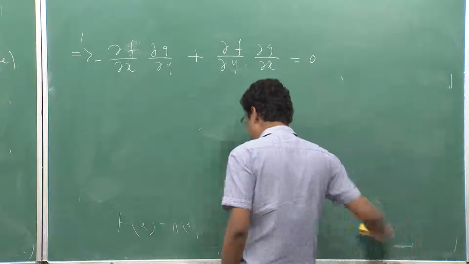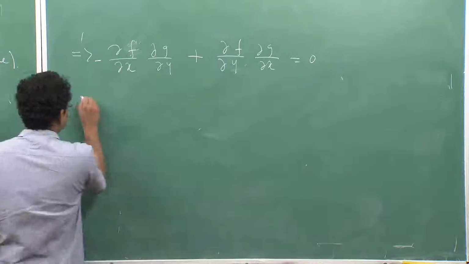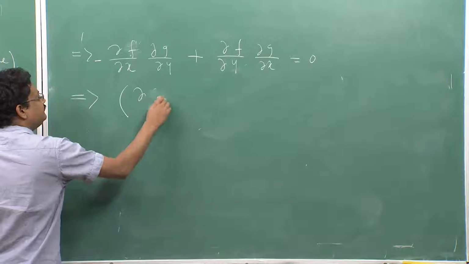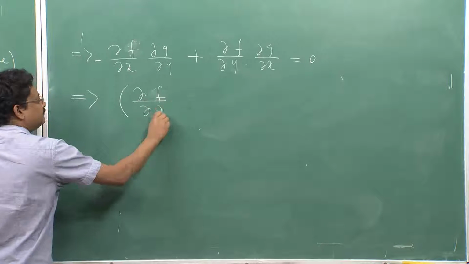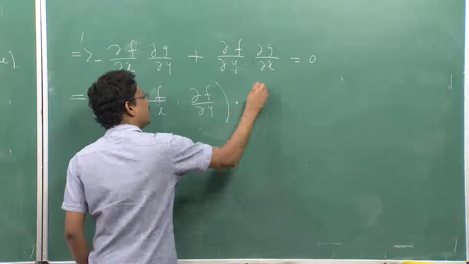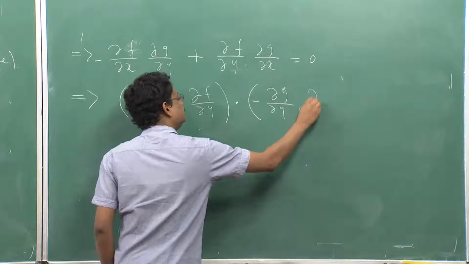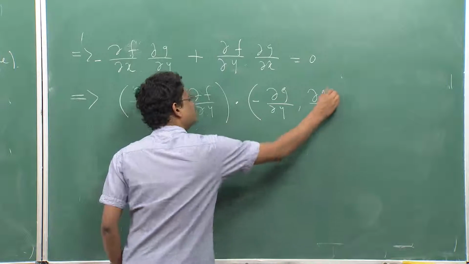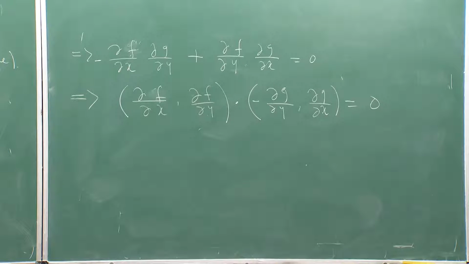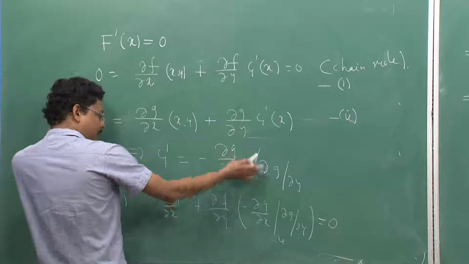And I write it in inner product form. This is precisely writing this line. The point (x, y) is hidden here, I have not written it, but it continues.